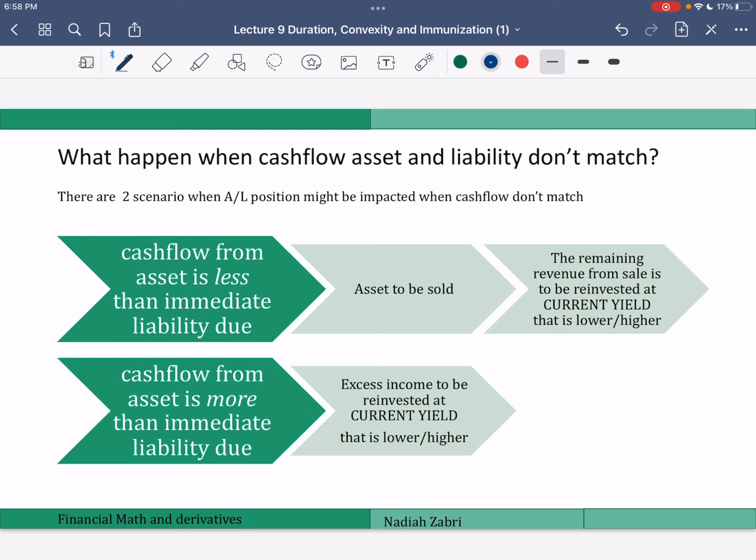So we need to sell or liquidate our assets, and the remaining revenue from the sale is going to be reinvested at the current yield. So the future cash flow of the asset that we just sold will technically be re-evaluated at the current yield. Another scenario is that our cash flow is more than the immediate liability that is due. So the extra also needs to be reinvested at the current yield.